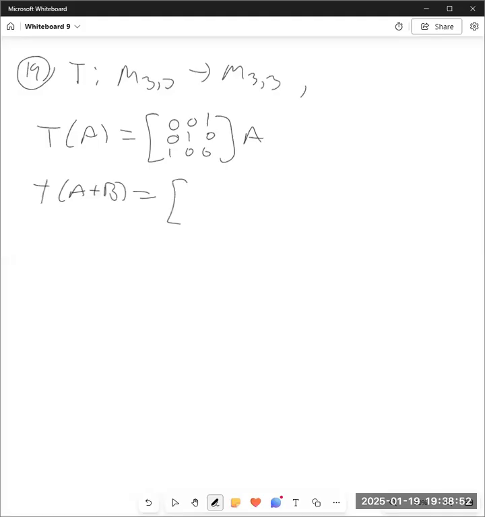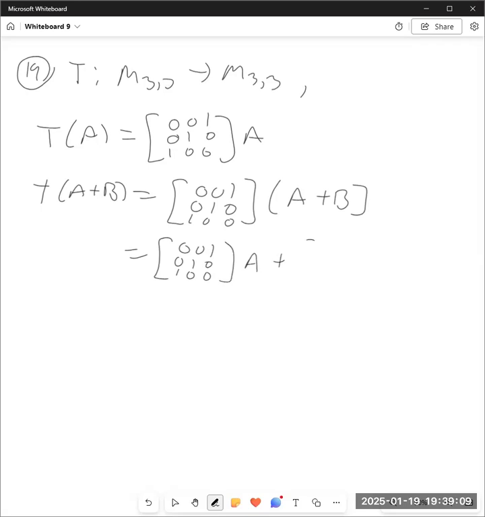So that would be [0, 0, 1; 0, 1, 0; 1, 0, 0] times A plus B, which would be [0, 0, 1; 0, 1, 0; 1, 0, 0] A plus [0, 0, 1; 0, 1, 0; 1, 0, 0] B, which is T of A plus T of B.